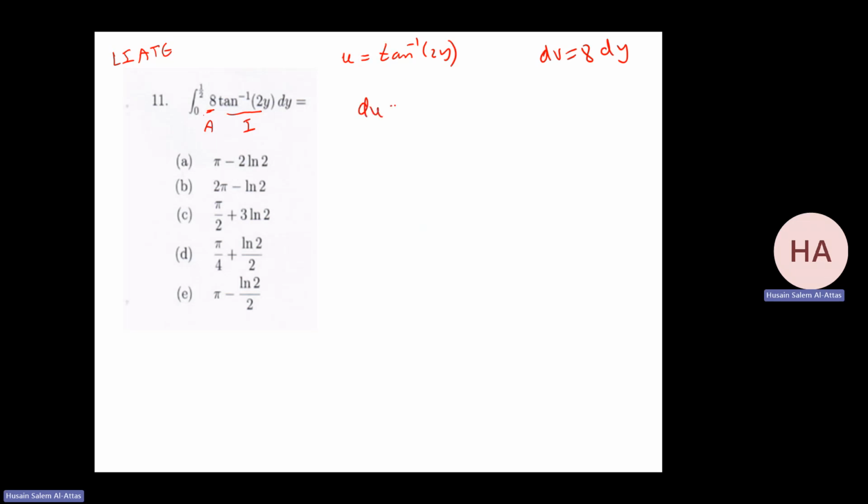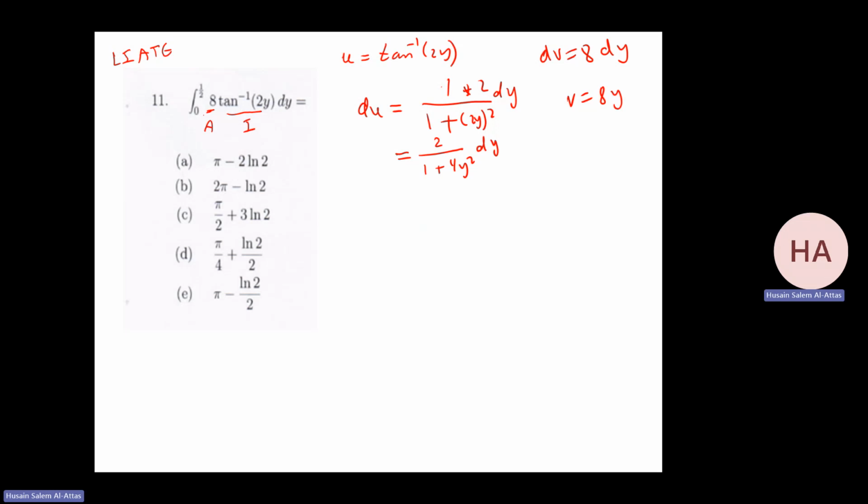So du will be what? 1 over 1 plus 2y squared times 2 dy, and v will be 8y. That's it. So du is 2 over 1 plus 4y squared dy.